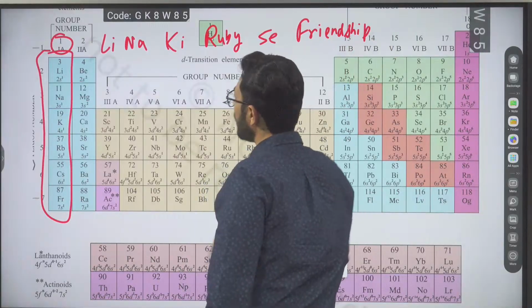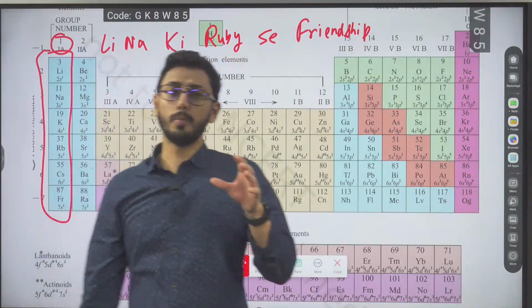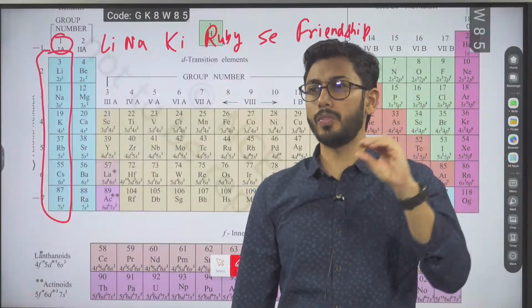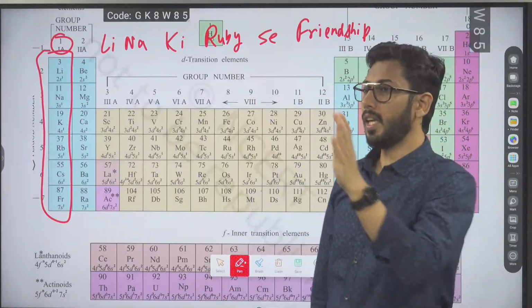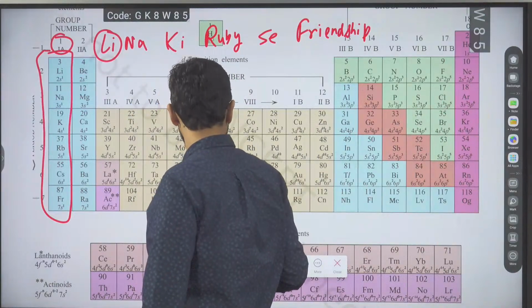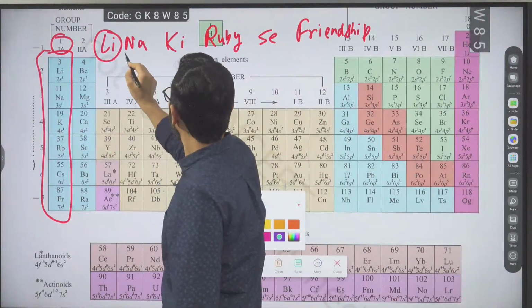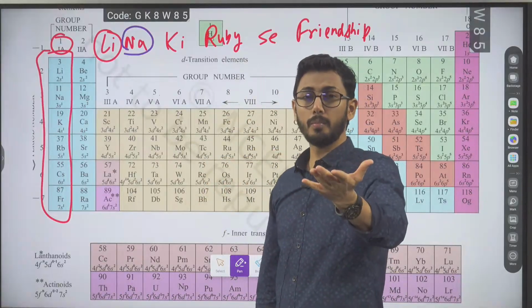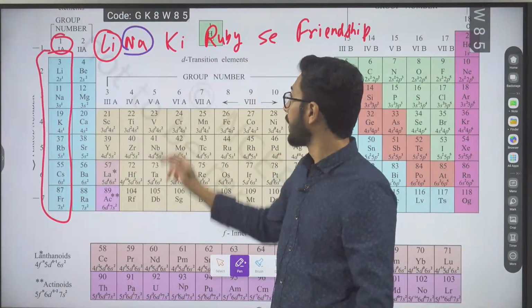Now in this mnemonic, our focus will be on the mnemonic. We have to extract the symbol of the element. In Leena ki Ruby se friendship, lithium, yes. Sodium, yes. Both important terms are from the mnemonic. We have to extract the right symbol.